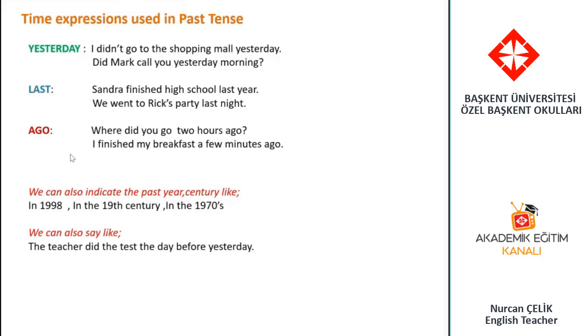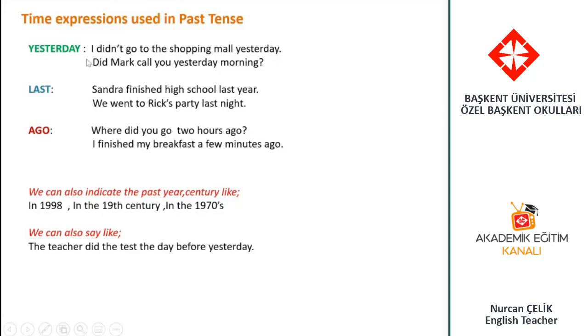For example, this morning. This morning is past, so we can say this morning. Or this afternoon, if we are in the evening, we can mention it as this afternoon because we lived that time. But the mostly used time expressions are yesterday, last, and ago.